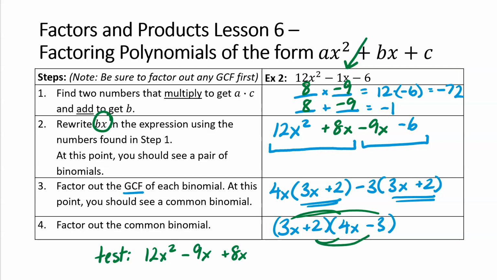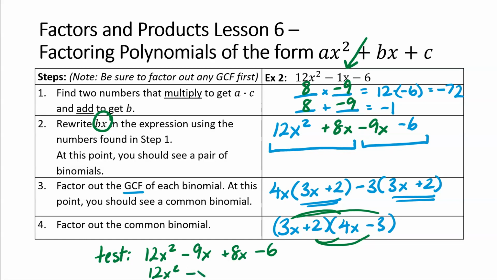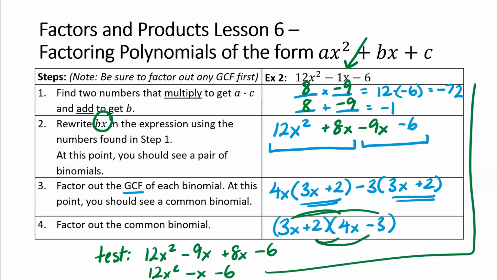And 2 times negative 3 is negative 6. Then simplifying, you'll have 12x squared minus x minus 6, which is the same as what you started with, so you know you are correct.